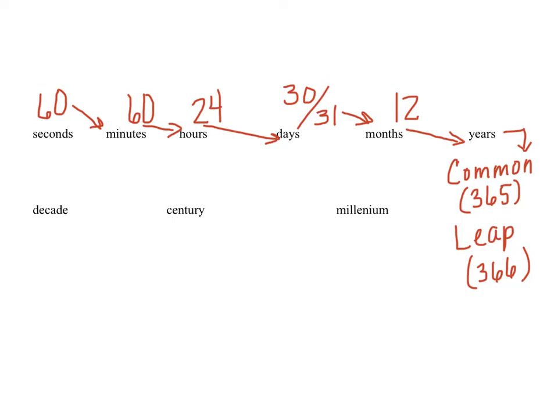Now, you also need to be familiar with the terms decade, century, and millennium. A decade is a grouping of 10 years. A century is a grouping of 100 years. And a millennium is a grouping of 1,000 years.